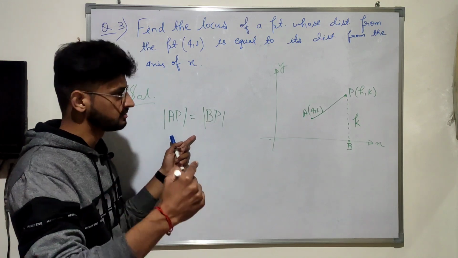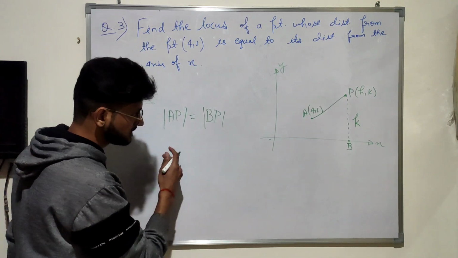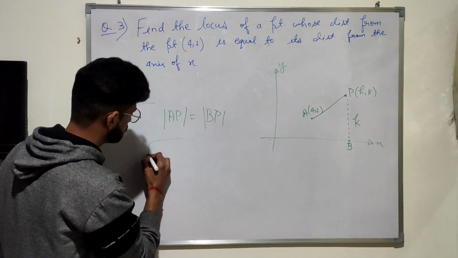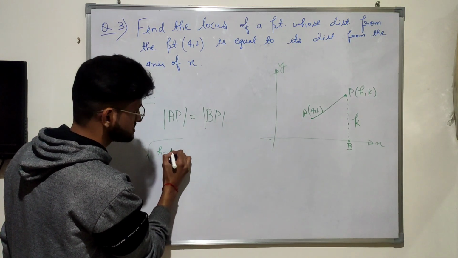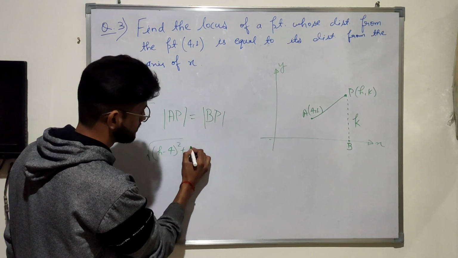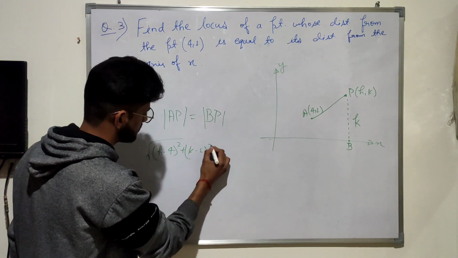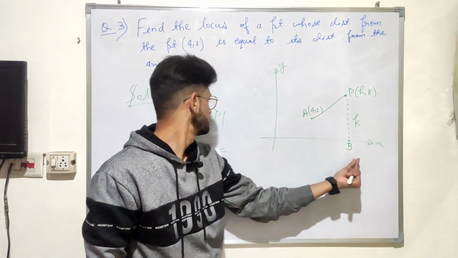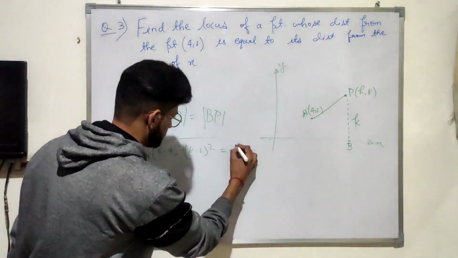Now we are going to move into step 2, that is we will apply the conditions and solve it. So here AP is going to be written as root over (h minus 4) whole square plus (k minus 1) whole square, and this is going to be equal to the distance of P from B, which is nothing but k.